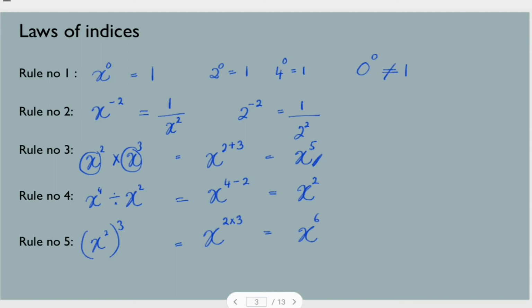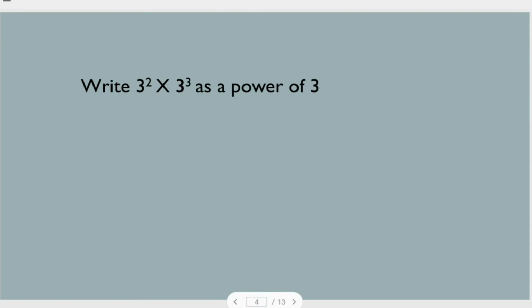Right, so these are the five laws that we initially need to discuss in relation to the indices. And so we'll move to a few examples using the indices. Here, 3 to the power 2 into 3 to the power 3. If I do it in the usual way, 3 to the power 2 is this, multiplied by 3 to the power 3.